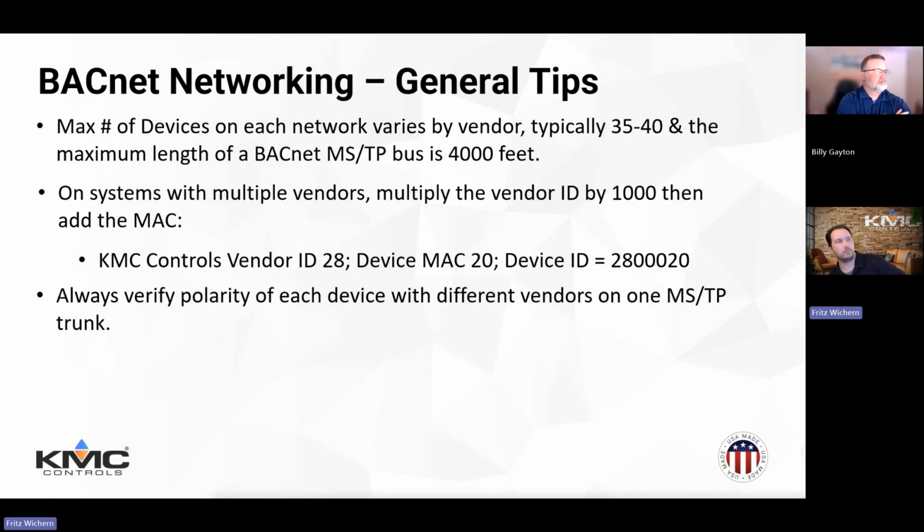It's always critical. It seems kind of redundant, or that it should be expected, but polarity on that BACnet trunk or MSTP trunk is critical. It's amazing how many times that'll still throw folks for a loop when they're out wiring a system up.